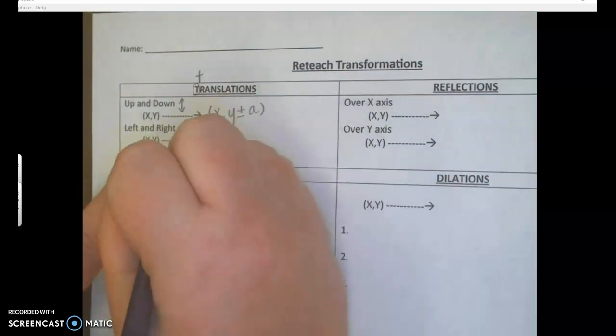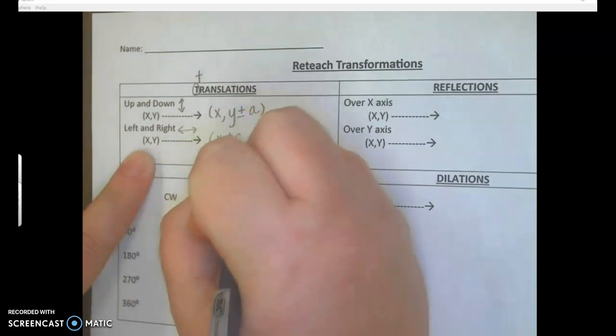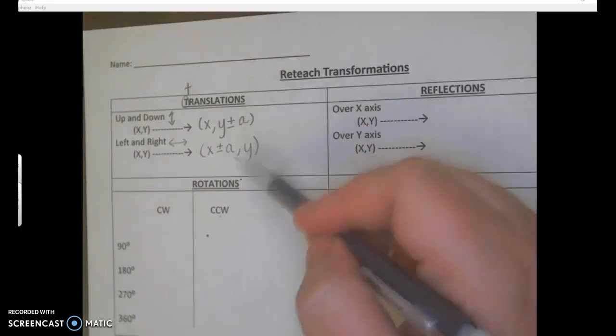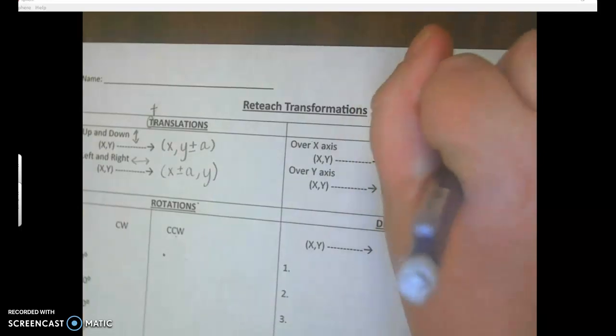Versus if I'm going left to right, that makes my x-axis, and so it's going to add or subtract to my x value. Most translations are going to give you both. They're going to give you an up or a down and a left or a right, but now you know which one affects which.